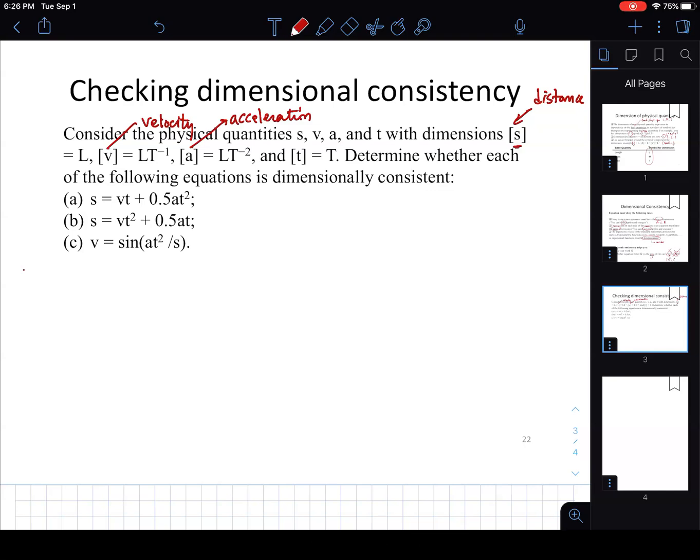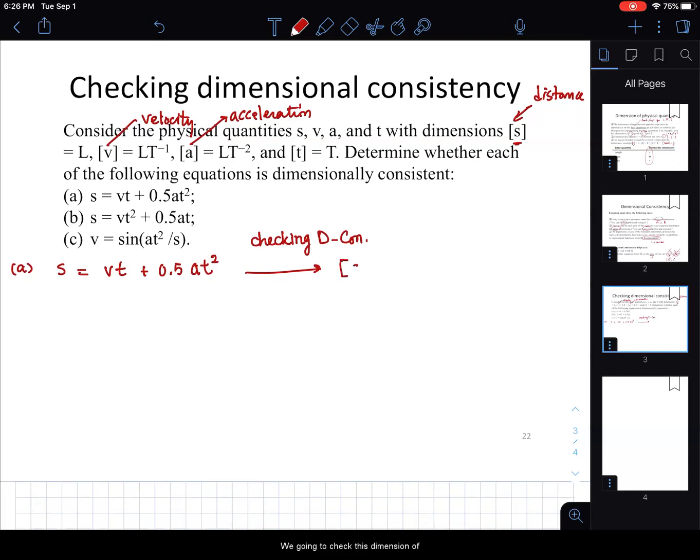Let's start with A. We have S equals VT plus 0.5 a t squared. Checking dimensional consistency means we check whether the dimension of S is equal to the dimension of VT plus the dimension of 0.5 a t squared.